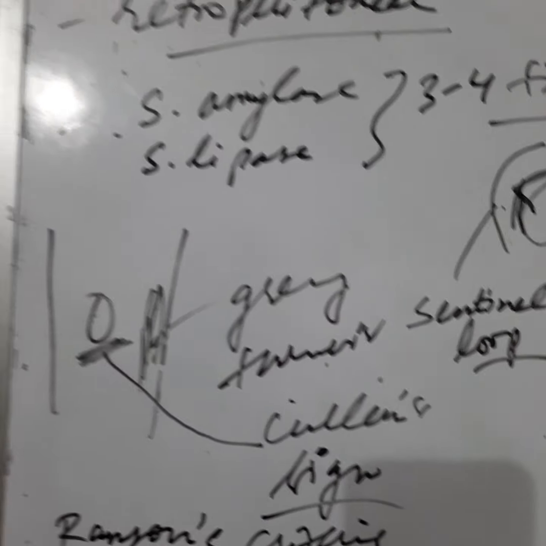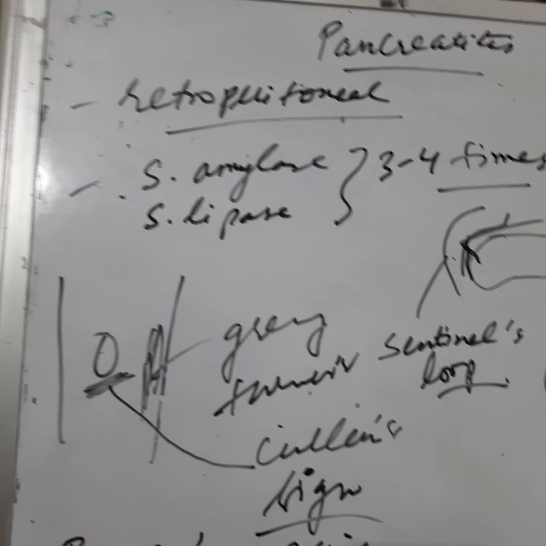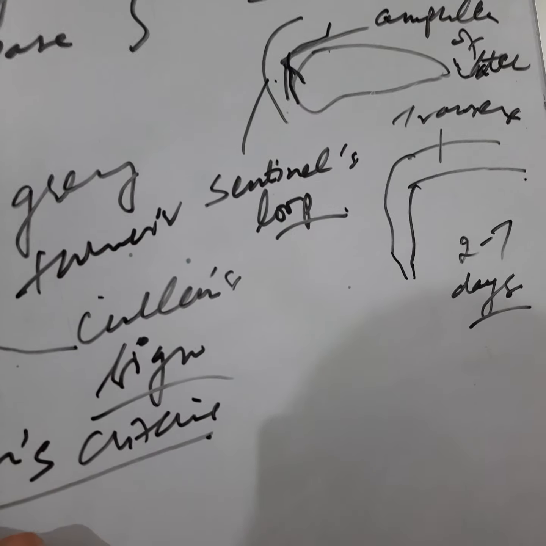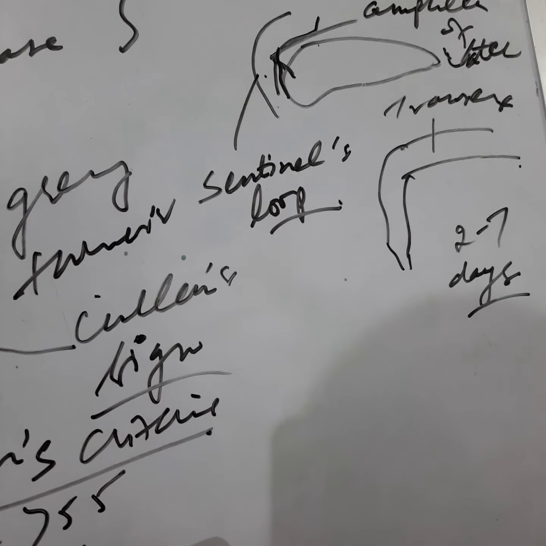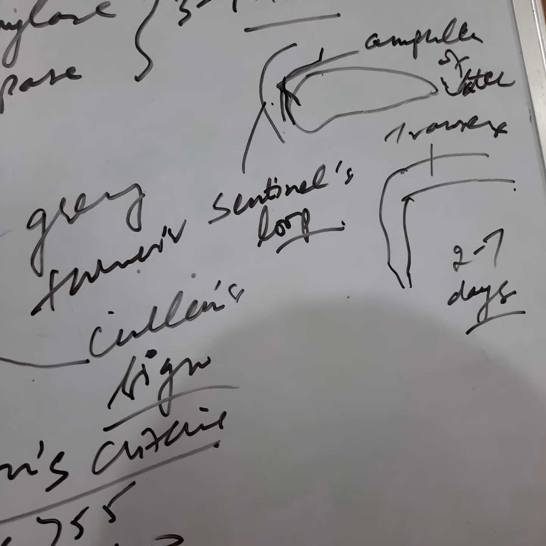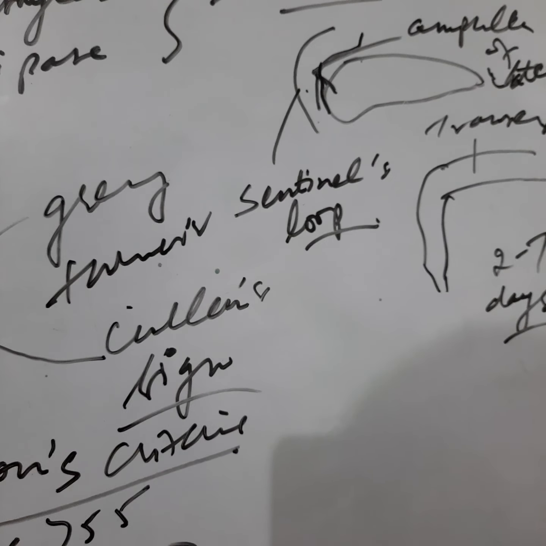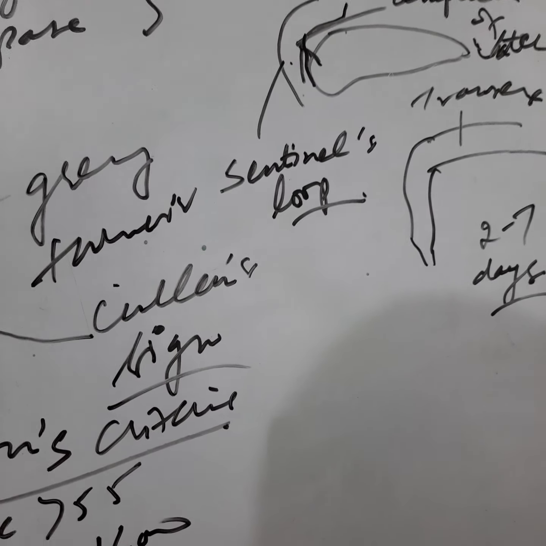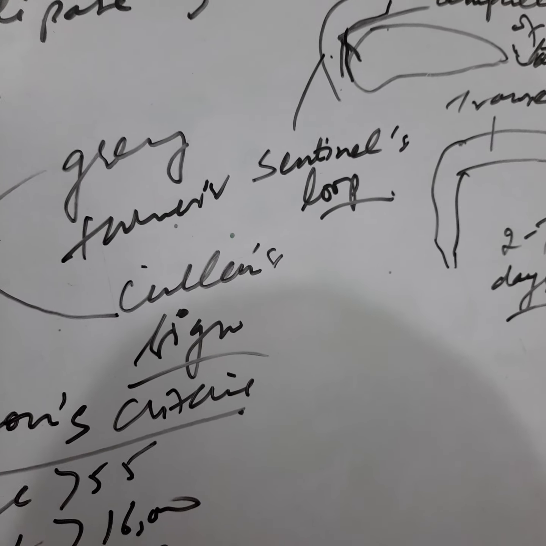In this, some scores are given, in which the patient has age more than 55, WBC more than 16,000, lactate dehydrogenase more than 350, SGOT or AST more than 250, and there might be hyperglycemia more than 200.